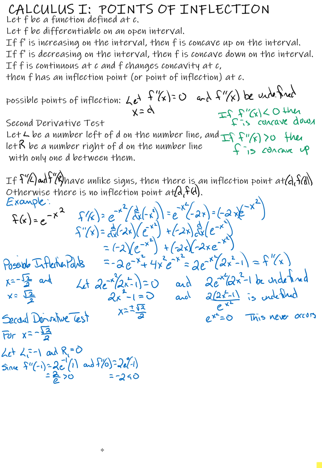Notice what's happening here. To the left of x equal to negative square root of 2 over 2, the second derivative is positive, so it's concave up.